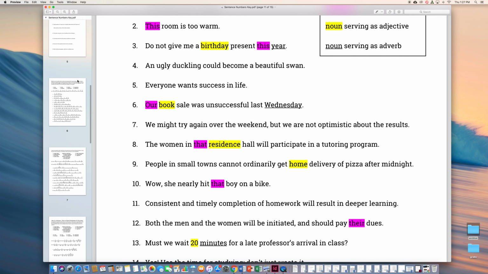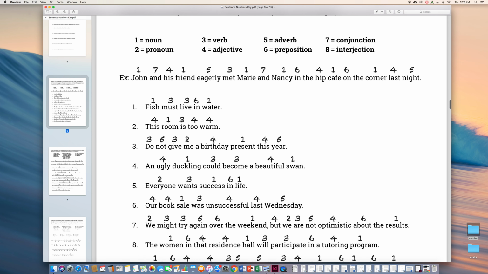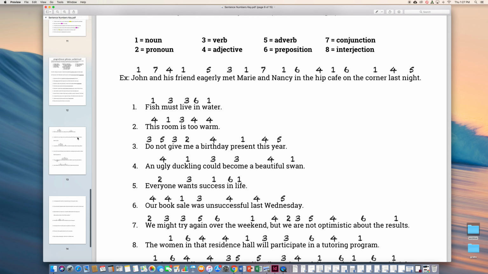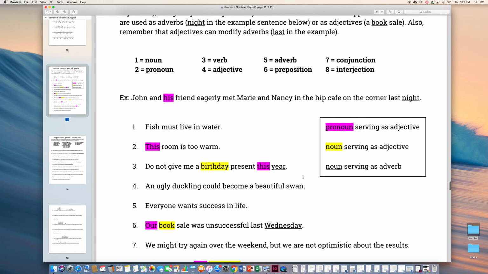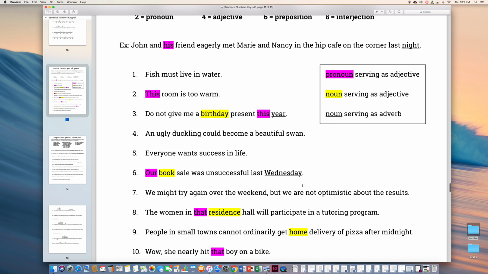Thus, the key will tell you for this that even though in isolation the word this is a possessive pronoun, here it's serving as an adjective that modifies room. I've outlined on this page that's also included in the PDF some examples of that happening in this first exercise.